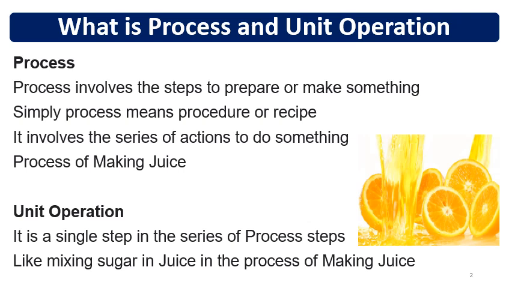See, the manufacturing process involves steps or a series of actions which collectively make the process. So first we have to understand what is a process, what is a unit operation, what are process parameters, and then we can understand the critical process parameters.